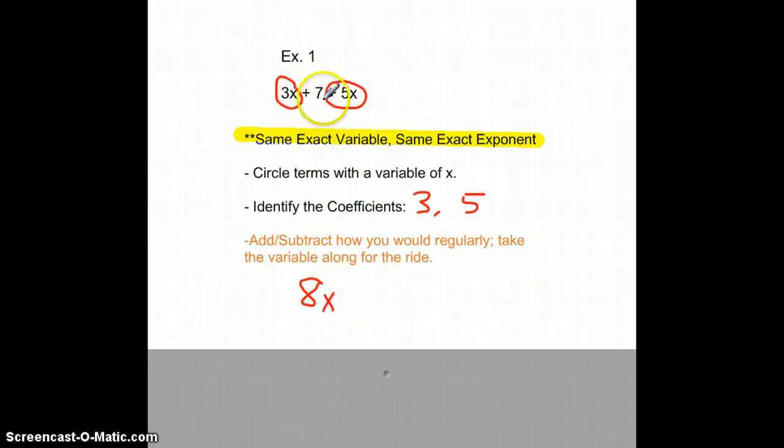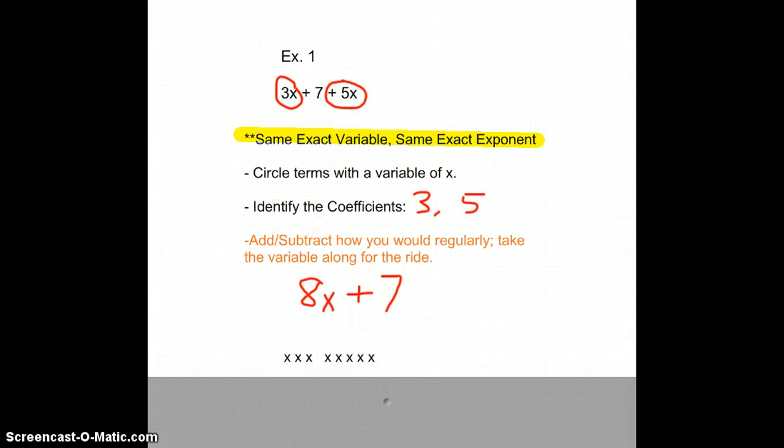Then we haven't done anything with this 7, we'll just bring it down. That's our constant, that's what we call it. The value of 7 doesn't change. These are our variables, because we don't know what x is in this case. It can vary. But the value of 7 is always constant. So 8x plus 7 would be how we'd simplify this.